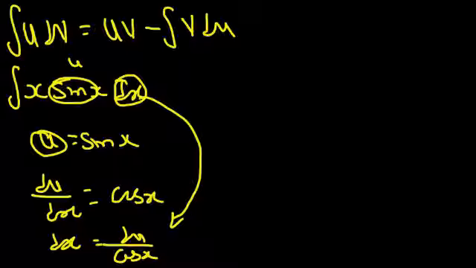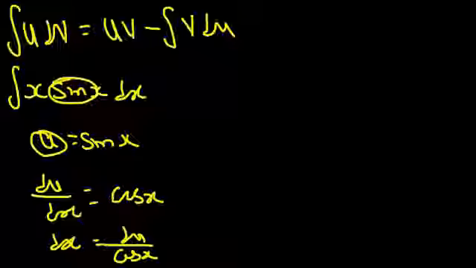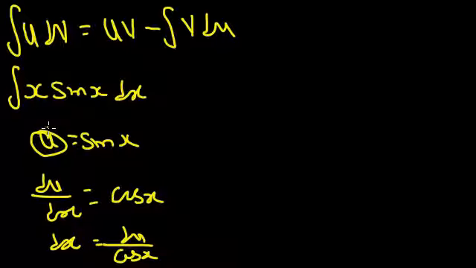Another logic you can use to tell if the functions cannot be integrated using u-substitution is that the first function can be of any index. It can be of any index, most especially the polynomial.